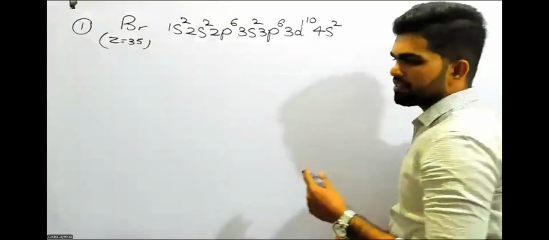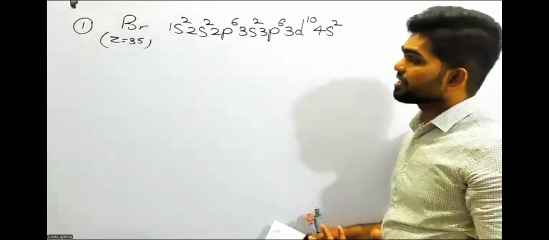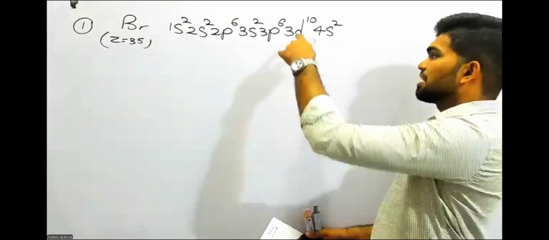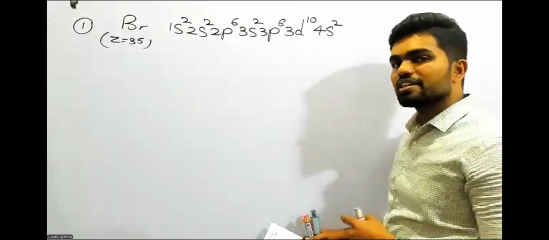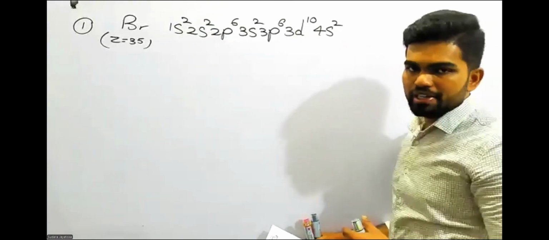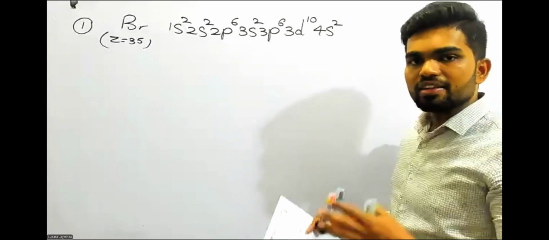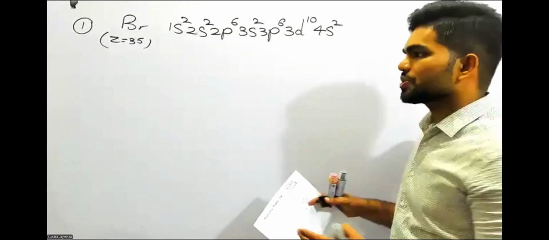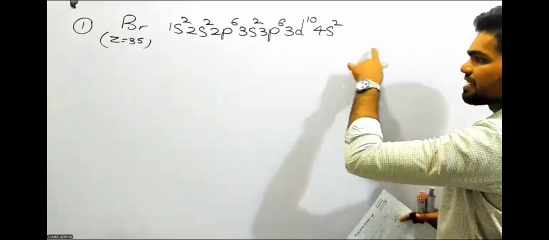Okay, so I'm writing this one without any hesitation. Why? Because we know that 3d10 is the electronic configuration of zinc. That means zinc is having 30 electrons. Okay, so up to 30 electrons you can write like that.